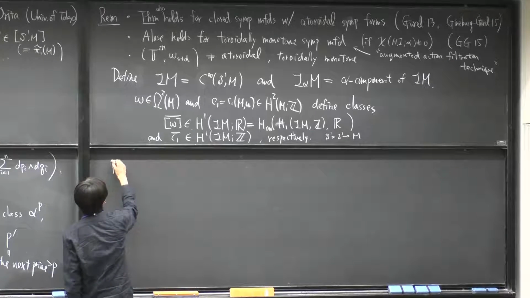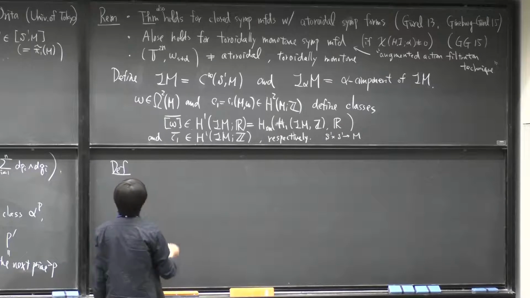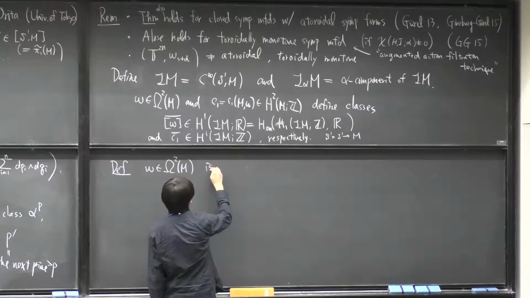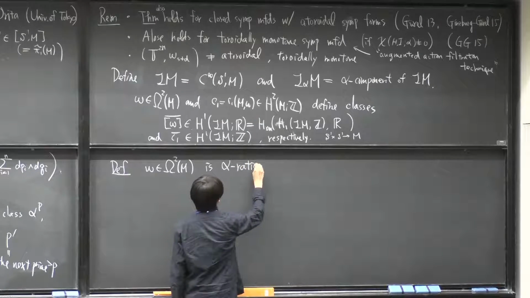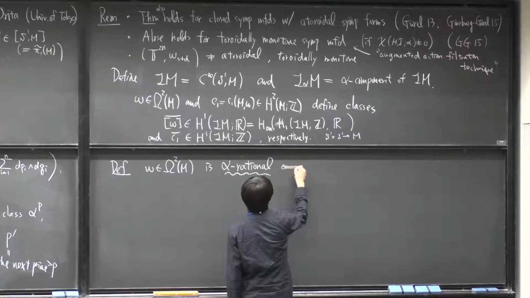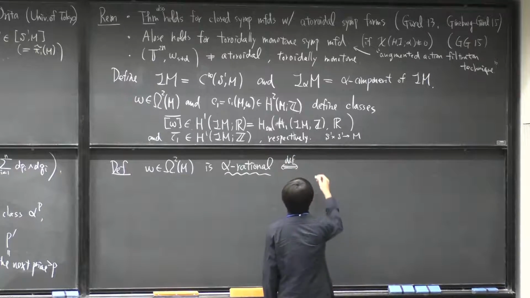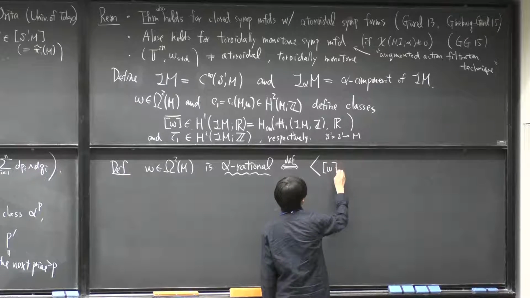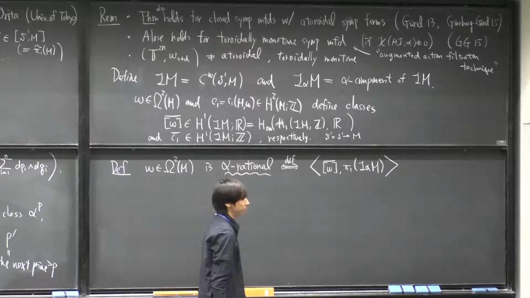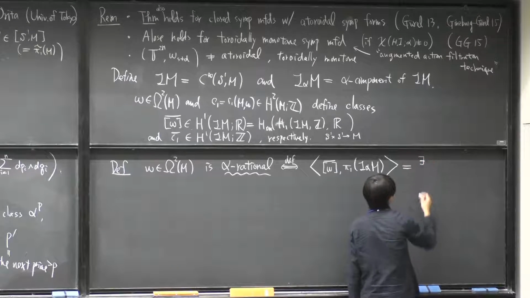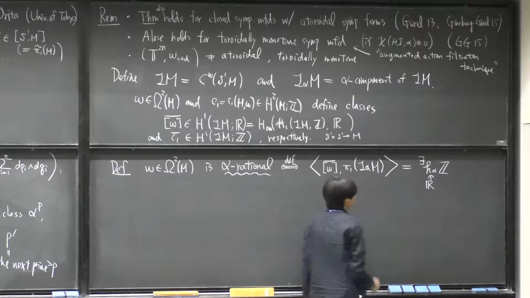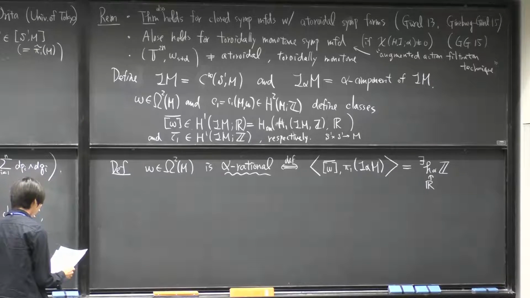Then I introduce the following notion. The symplectic form omega is said to be alpha-rational if this group is discrete in R, namely there exists some real number h_alpha such that this group is equal to h_alpha Z. I introduce this notion.